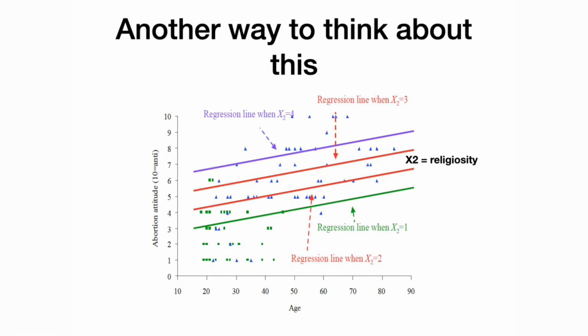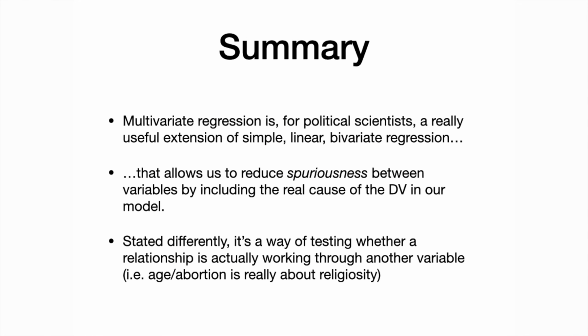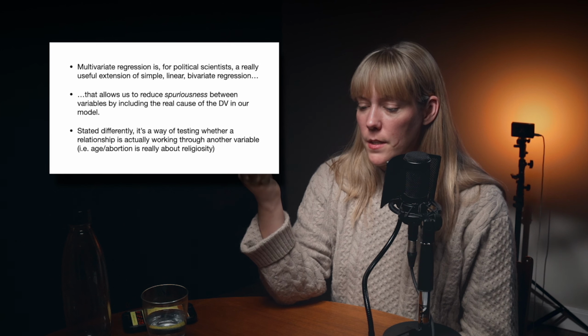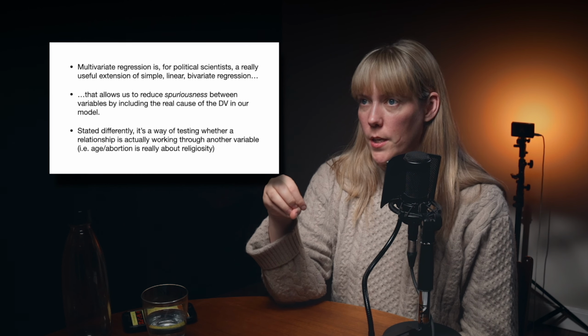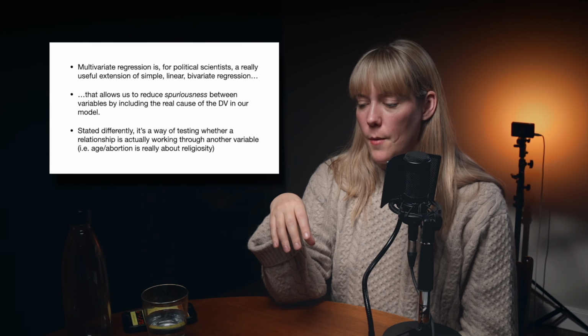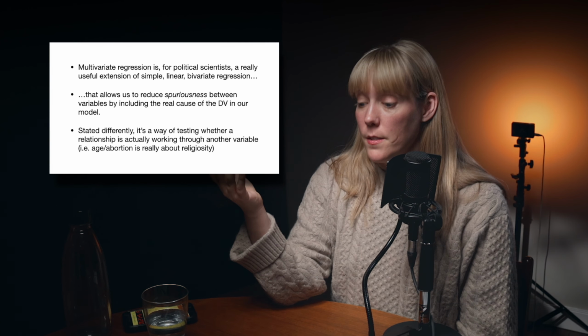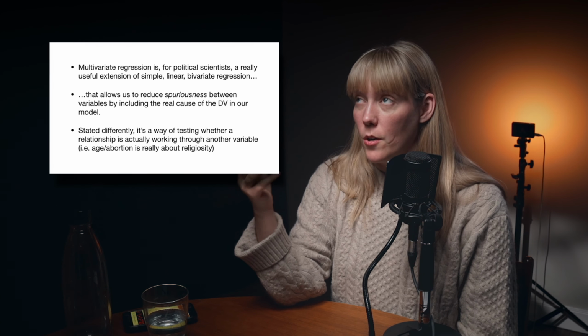So why do we do all of this? The big summary I want to give is that multivariate regression for political scientists is a really useful extension of the simpler linear models that have two variables in them. One of the reasons we use it most often is that it allows us to reduce spuriousness in our models, because we're including the real causes of our dependent variable in the model.